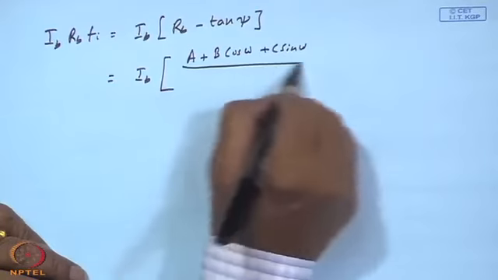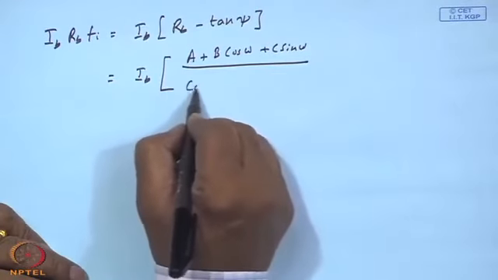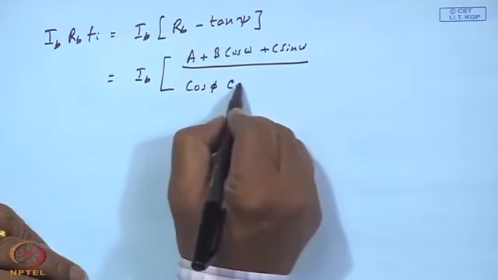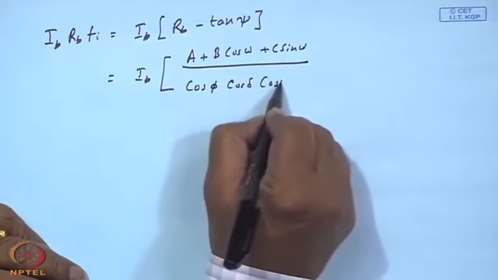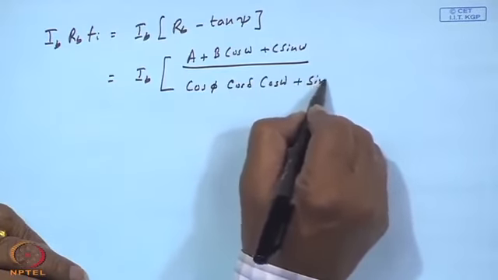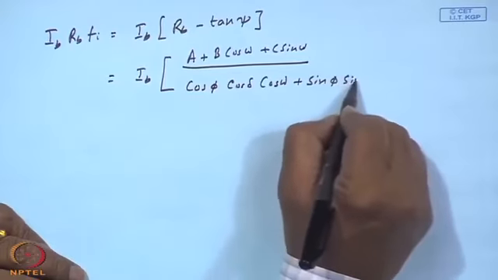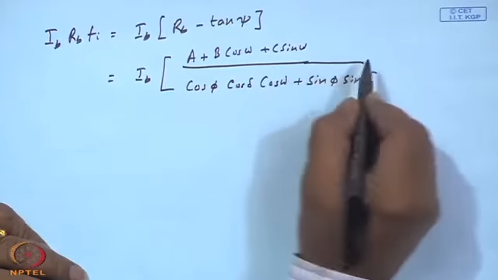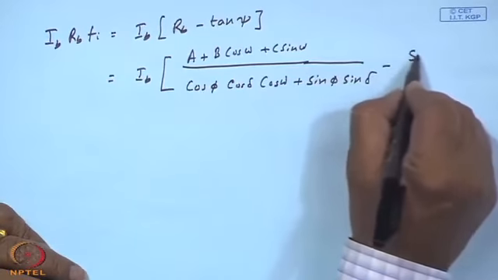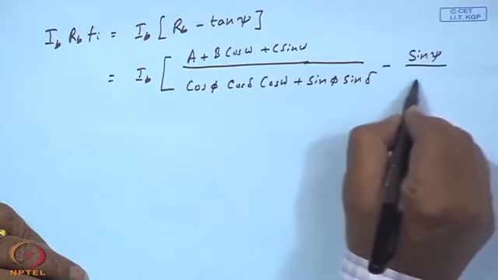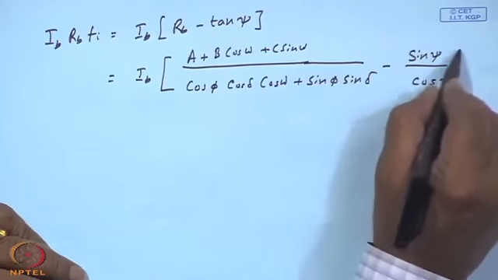It need not be south facing. By cos theta z, cos phi cos delta cos omega plus sin phi sin delta, minus sin psi by cos psi.